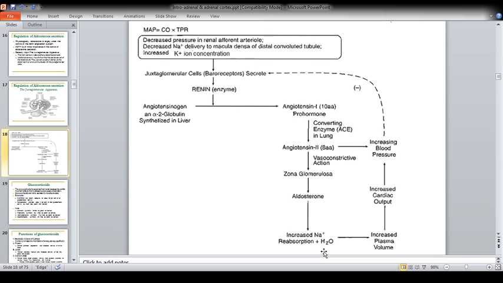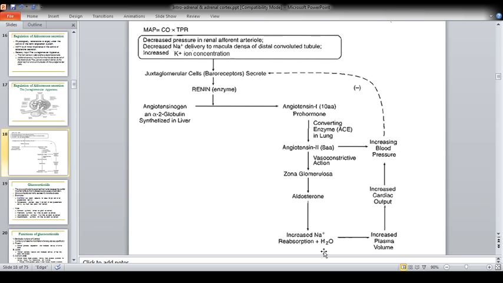So think about it, this complex mechanism is present in human beings. Let me rephrase it. What happens is, due to decreased blood pressure or decreased cardiac output or decreased sodium delivery, increased potassium ion concentration, or decreased sodium delivery to the macula densa cells, juxtaglomerular cells which are present in the kidney release renin, which acts on angiotensinogen that is being produced in the liver, that is already present in the blood.